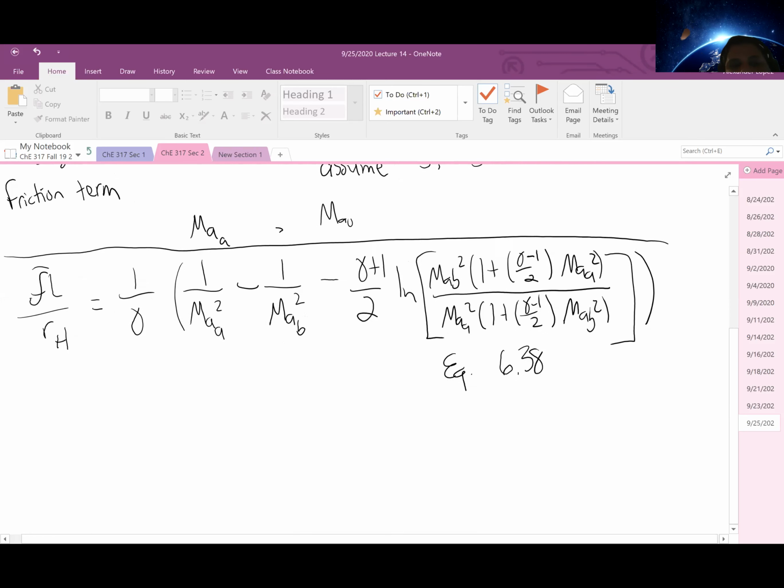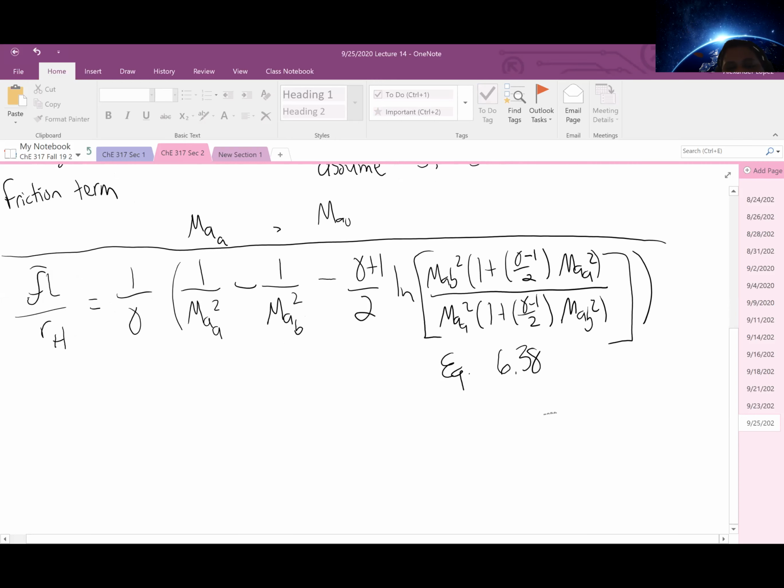So based on the expected friction and Mach numbers, we can identify frictional dissipation. You only need 2 of the 3 to get the third value.